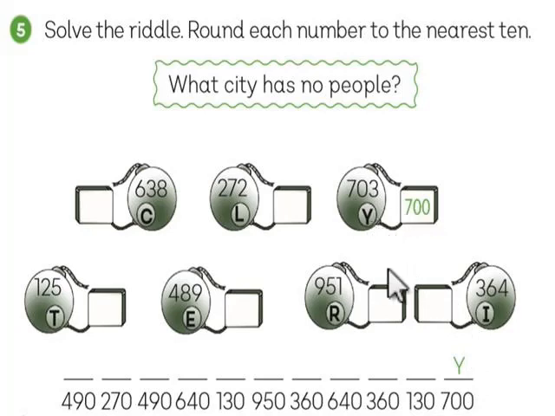So it's letter Y. So you will write letter Y. Here, letter C. How do you round 638 to the nearest 10?